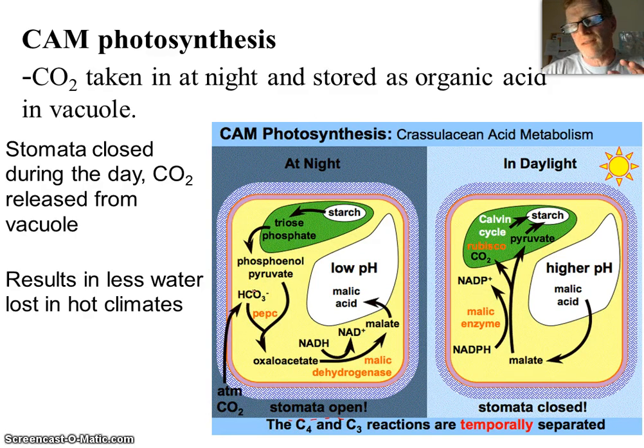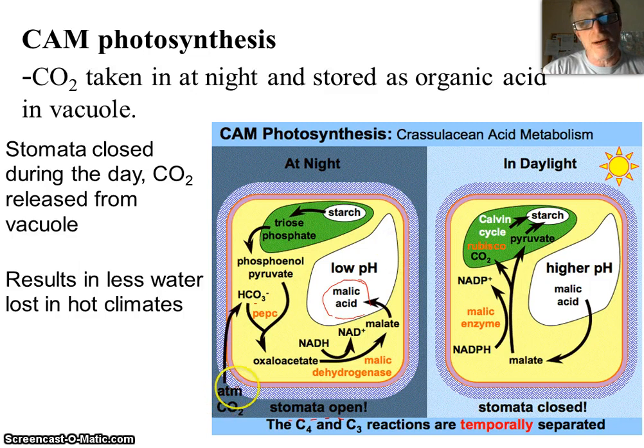Now you can't have carbon fixation occurring because you need light for the light reaction to make the sugars. So they take that carbon dioxide and convert it into an organic acid called malic acid, and store it in the vacuoles within the cells. Basically, they're filling up this big tank with stored carbon at night.